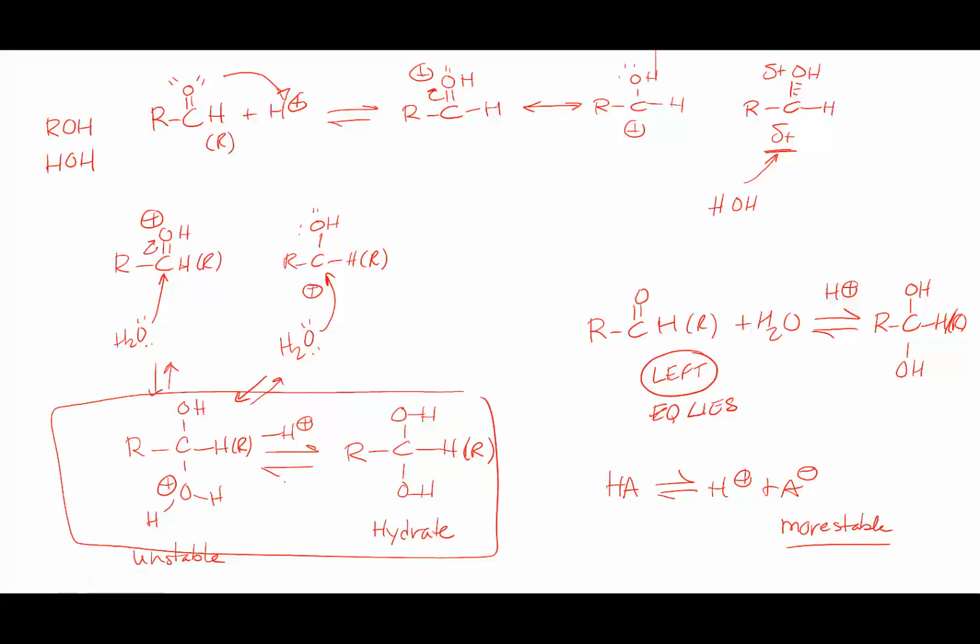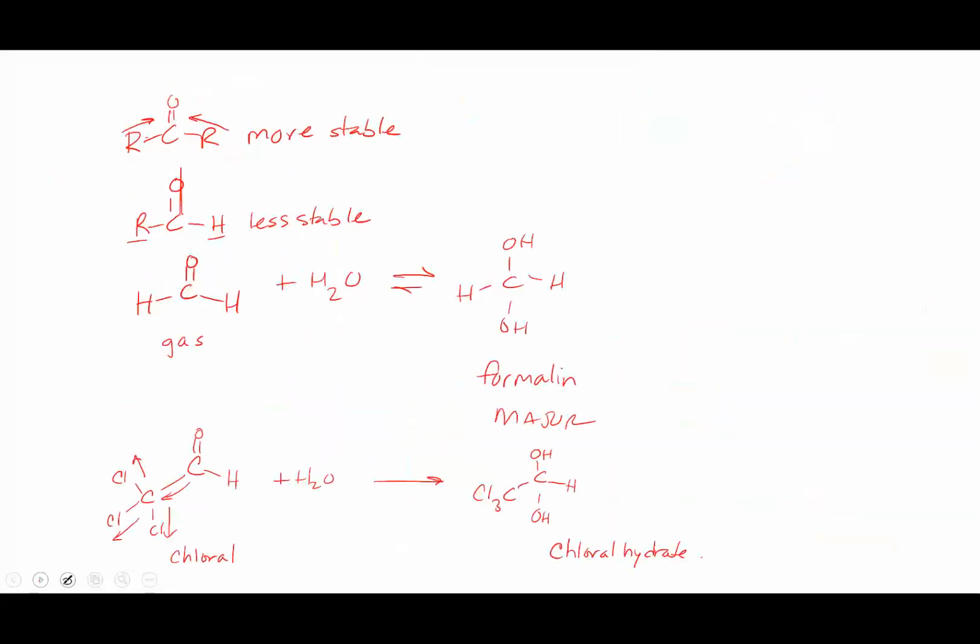This mechanism right here that I wrote out, erase the H, put in a second R group. Same mechanism. So, hydrates are the first molecules that we can make by this addition of a weak nucleophile with acid catalyst to a carbonyl. So, all right, great.